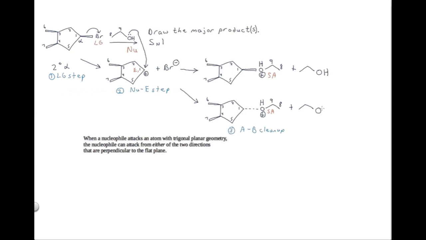But this time, instead of using the alcohol as a nucleophile, now we're going to use it as a weak base. Neutral oxygen is a weak base. That's good enough to react with a strong acid. Remember that the electron pushing arrows go from the base, the electron donor, towards the proton that the base is taking.